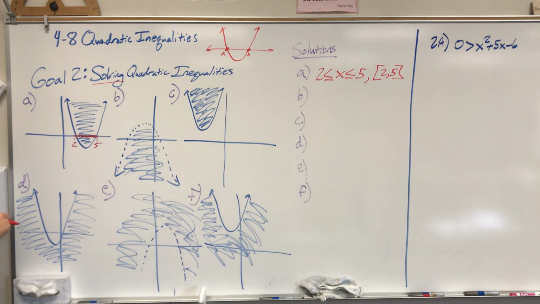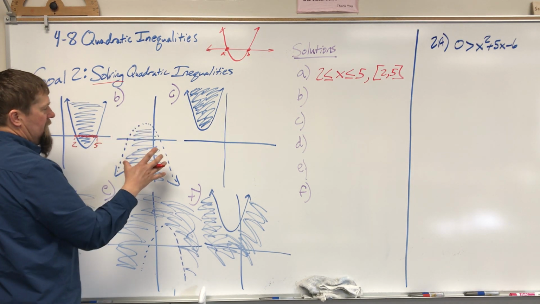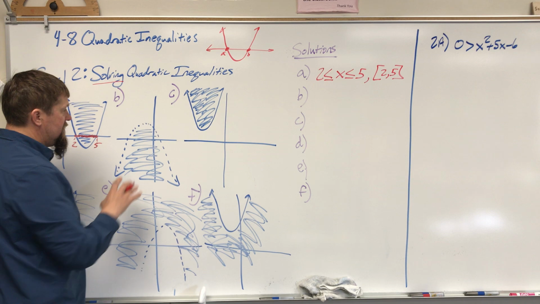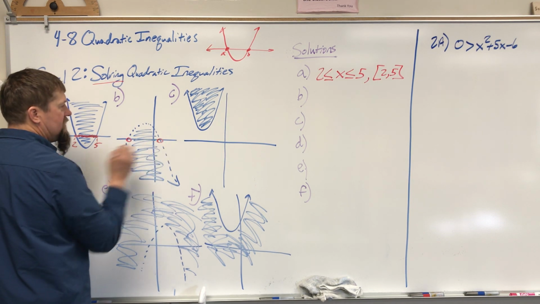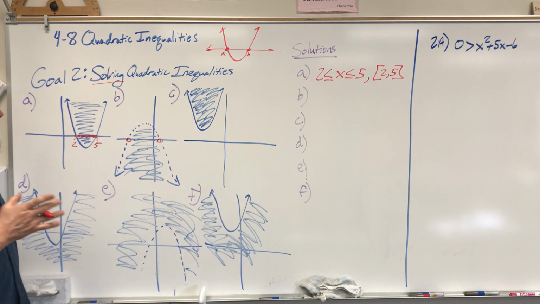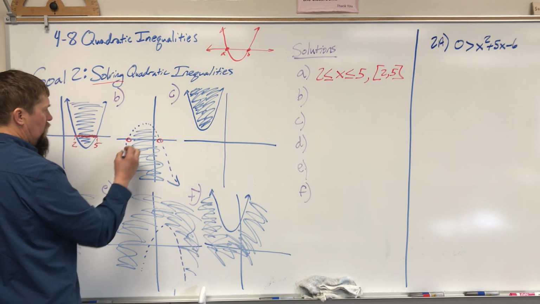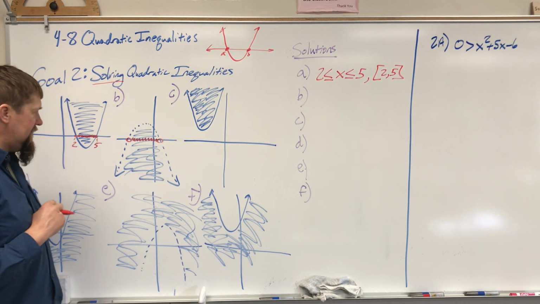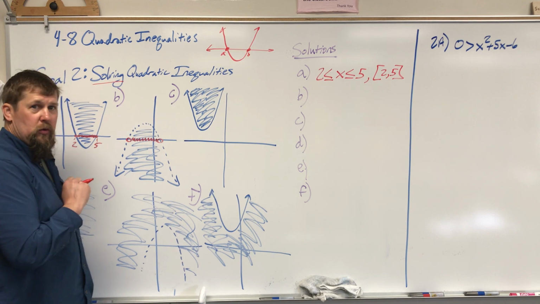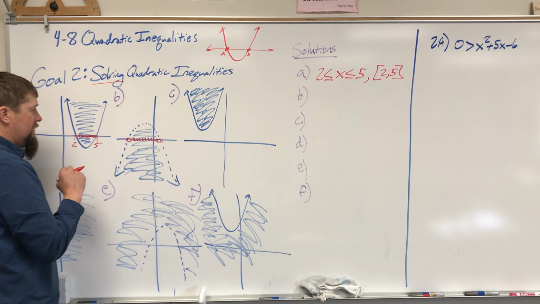Okay, the second situation again is having a parabola cross the x-axis twice. This time it's got 2 open circle points because it's a dotted line. And if it's everything in between, you actually do not include the 2 points that the parabola itself crosses.